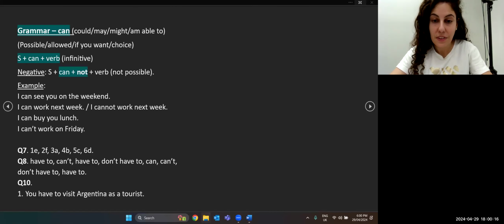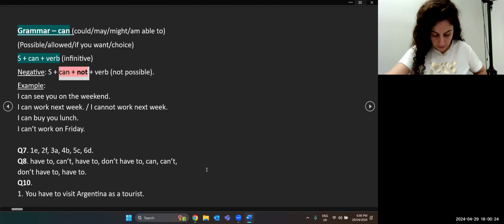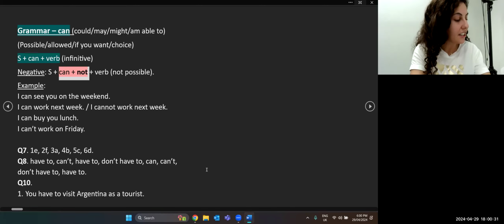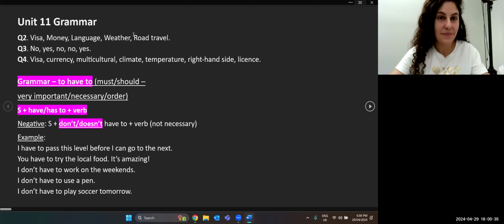Drive on the right-hand side of the road. You have to carry your driver's license when you drive.